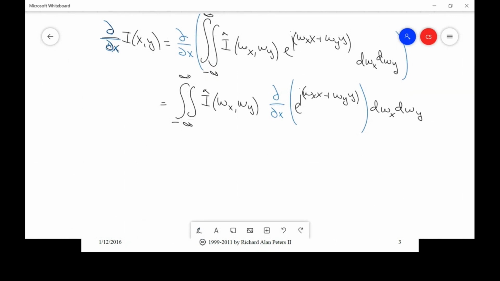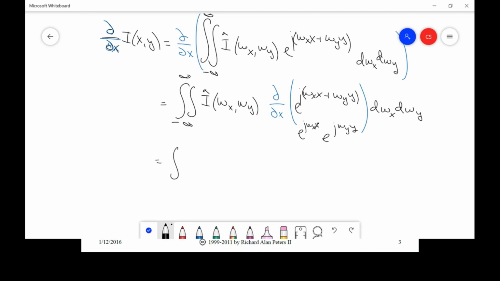Now we have to differentiate this with respect to x. This part doesn't depend on x, so we can write that as a function of omega x. This is a constant again with respect to x, and the only part that depends on x is this one. So this is the integral from minus infinity to infinity of this part.